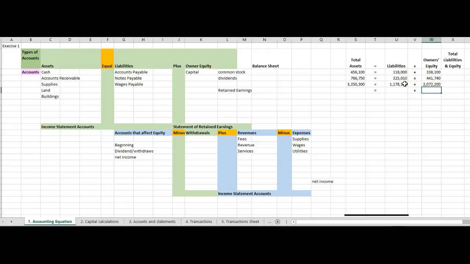That's how you work the accounting equation in a very concrete way, with no other numbers or transactions getting in your way.